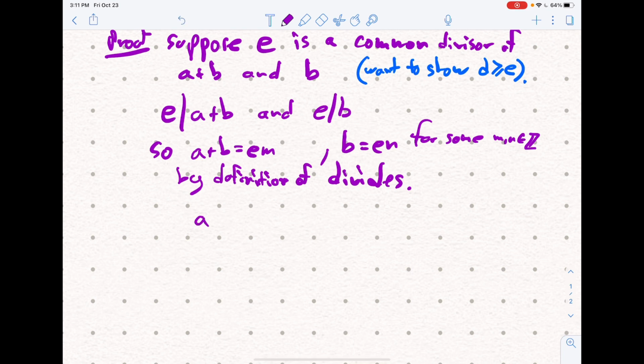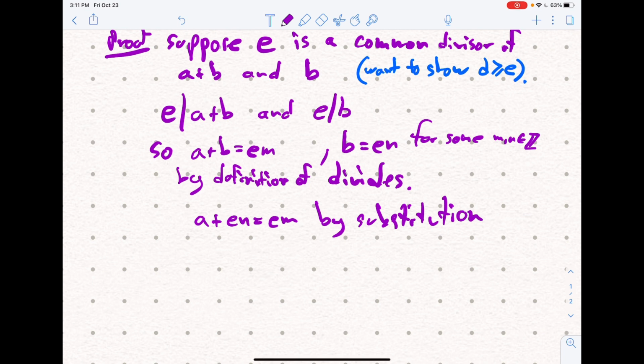So this says that a plus EN is equal to EM by substitution. And then let's just move the EN over. A is equal to EM minus EN. So a is equal to E times (M minus N).